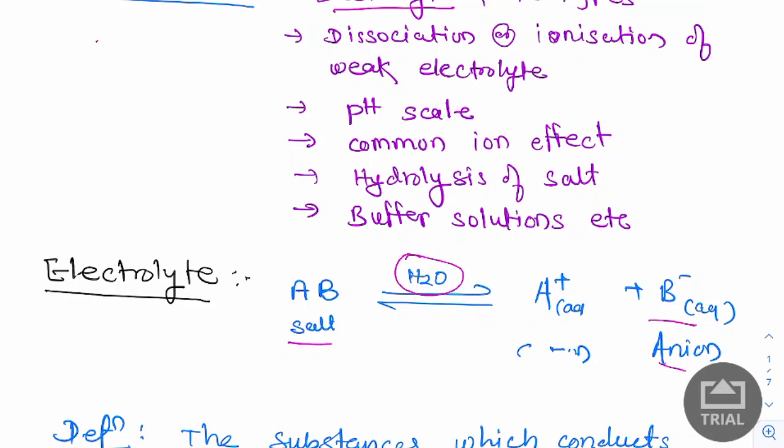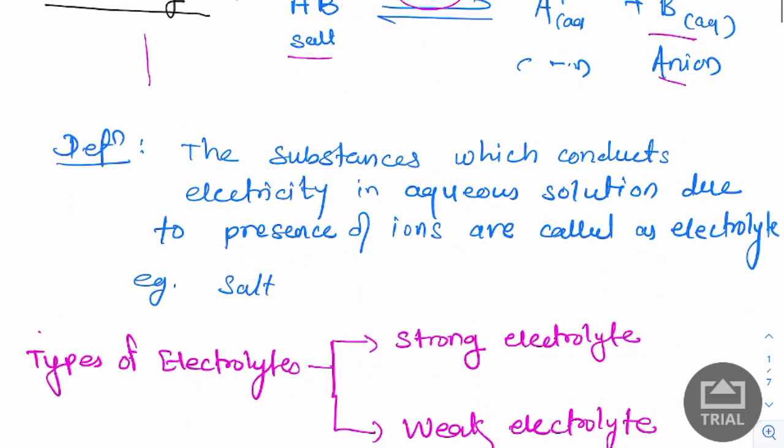These ions can conduct electricity. So the definition of an electrolyte is the substances which conduct electricity in aqueous solution due to the presence of ions. This is the important phrase: due to the presence of ions.